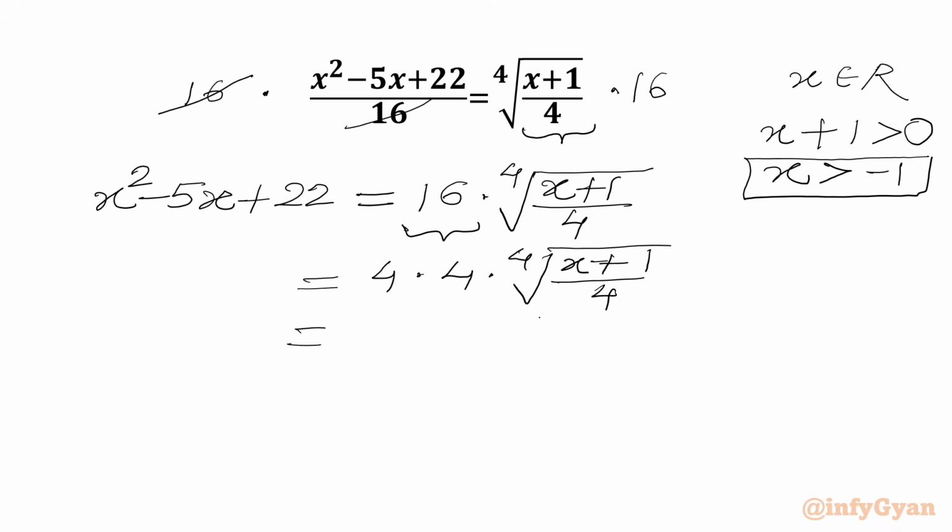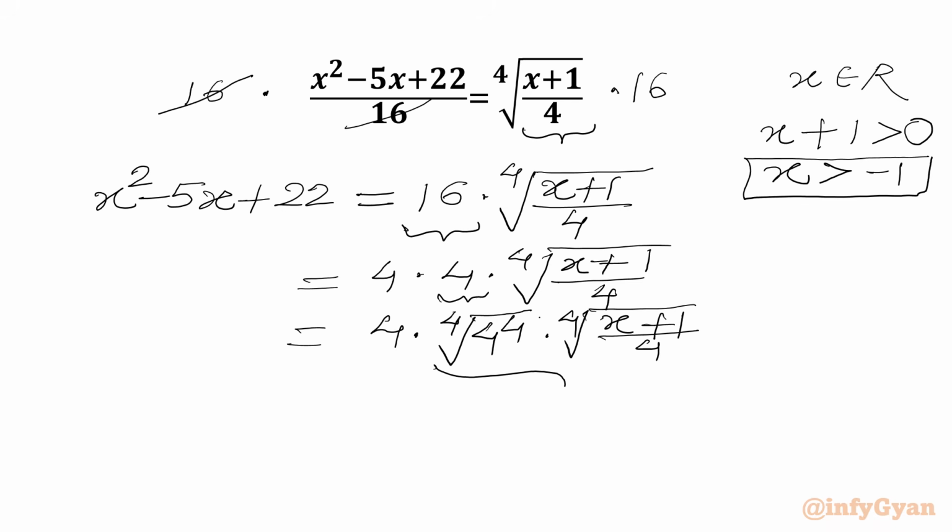Now we can write one 4 as the 4th root of 4 power 4. The 4th root and power 4 will cancel. We will get 4 times the 4th root of (x + 1)/4.